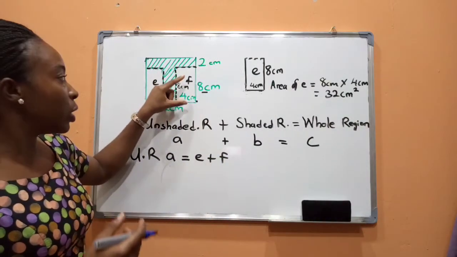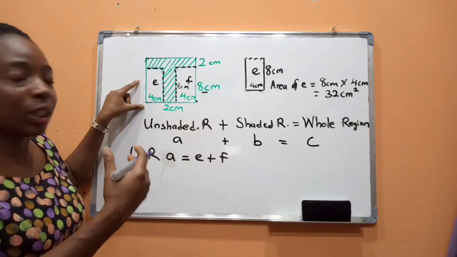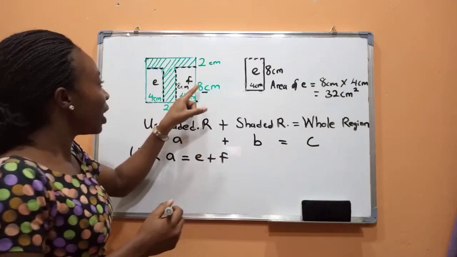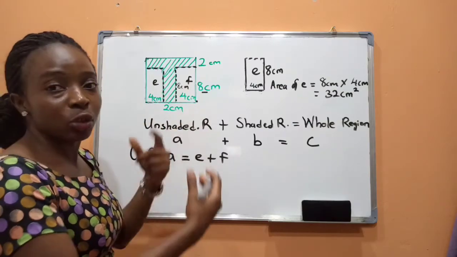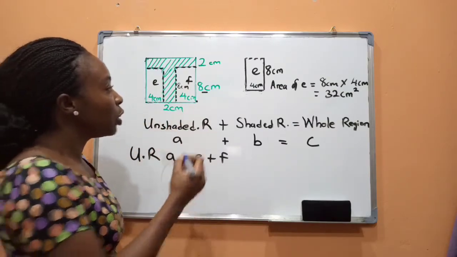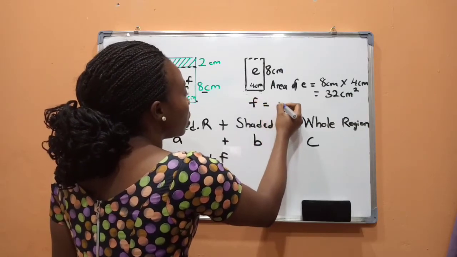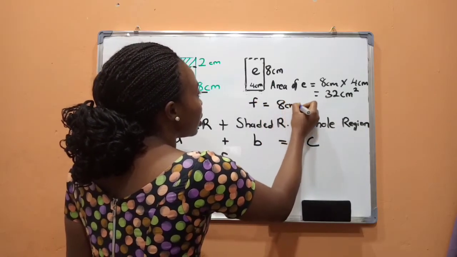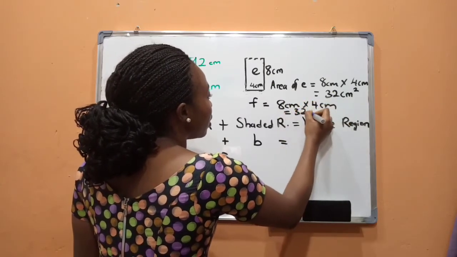Now, if you take a look at F, you can see that it's exactly the same thing as E. It's the same shape and it has the same figure. So we don't necessarily need to resolve it again. So we know that the value of F is equal to 8 centimeters times 4 centimeters, which is still 32 centimeters square.